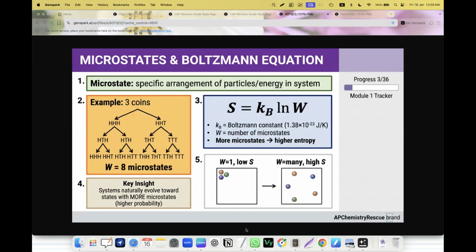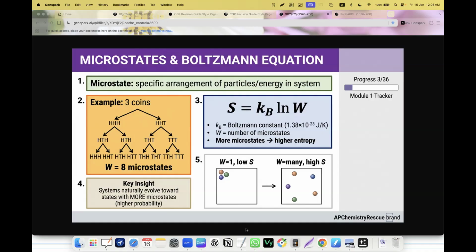So let's dig deeper to understand the meaning of microstates. We hear this word a lot in class. A microstate is a specific arrangement of particles or energy in a system. Think about flipping 3 coins. The possible outcomes are head, head, head; head, head, tail; head, tail, head; head, tail, tail; and so on. That's a total of 8 microstates.